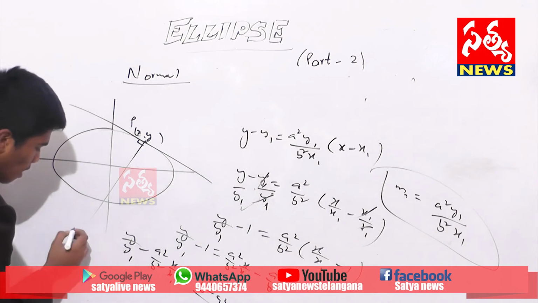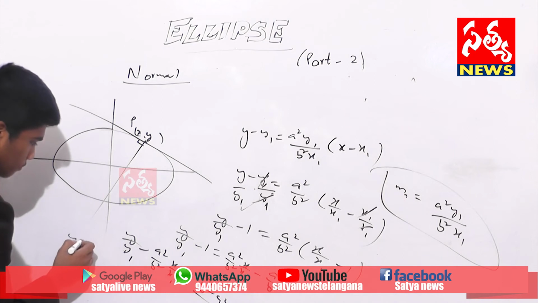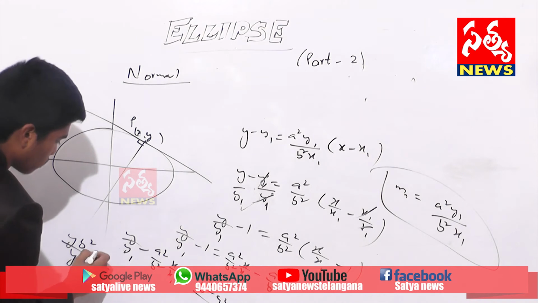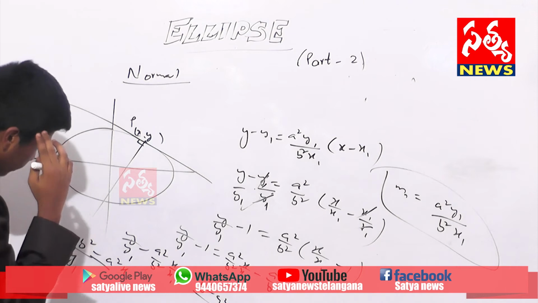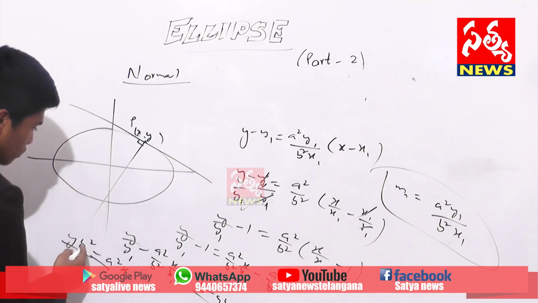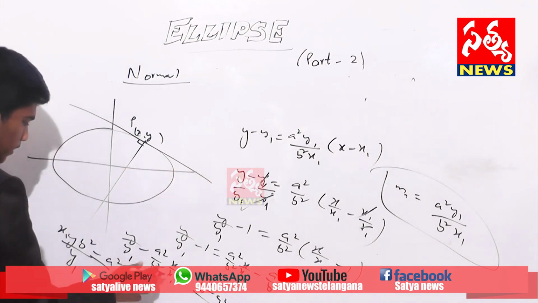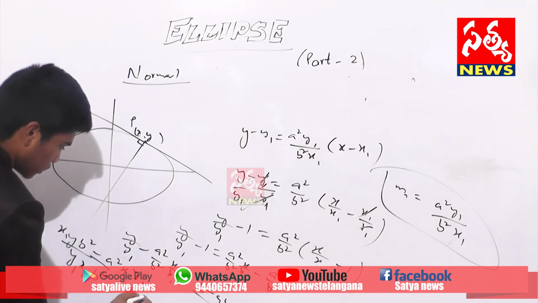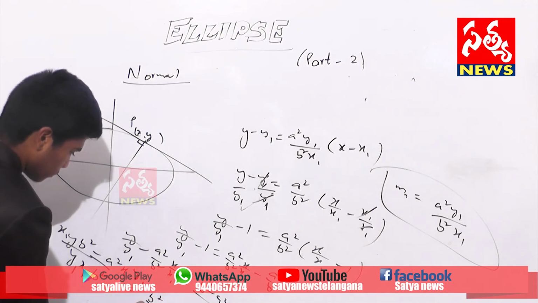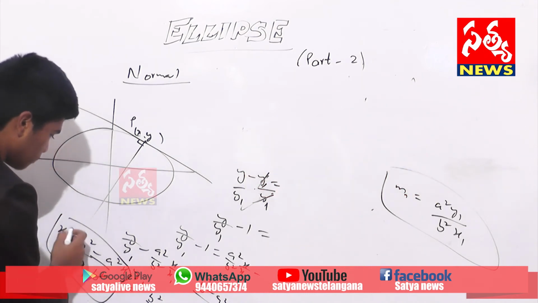Now y b² / y1 - a² x / x1 = b² - a², divided by b². The b² gets cancelled. Okay, after this, see here, this is the term, right?